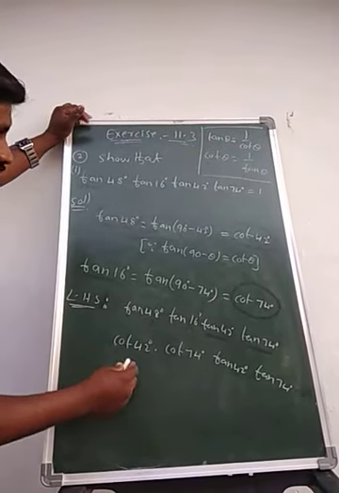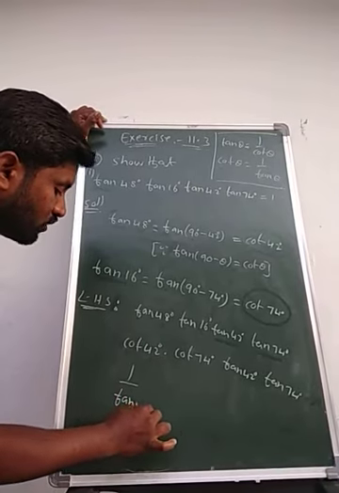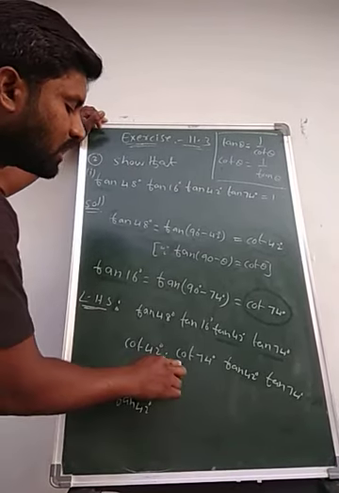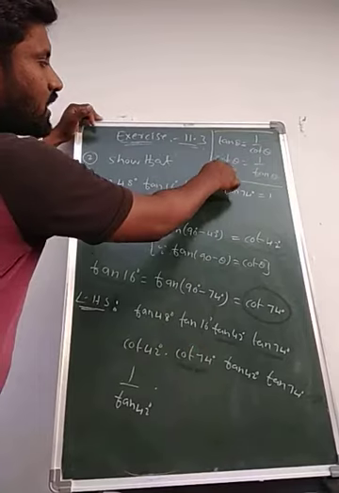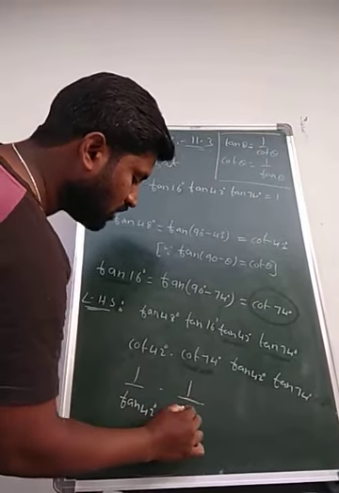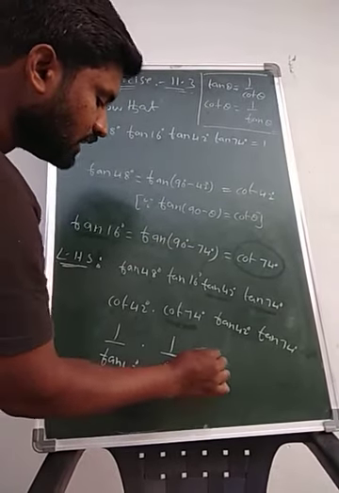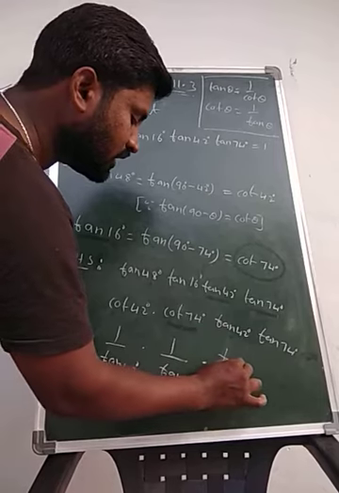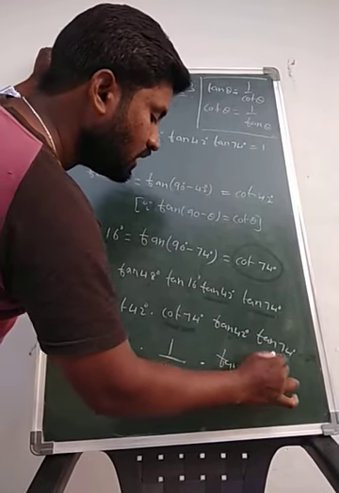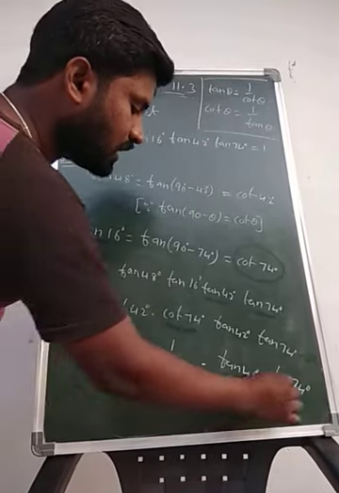So I'm writing 1 by tan 42 degrees into, here cot 74 degrees, again cot theta is 1 by tan theta, so 1 by tan 74 degrees into tan 42 degrees into tan 74 degrees.